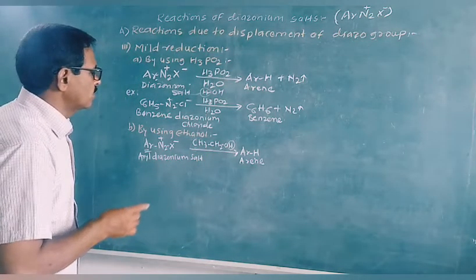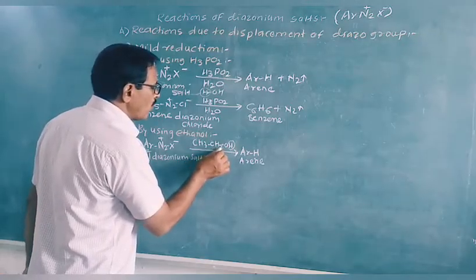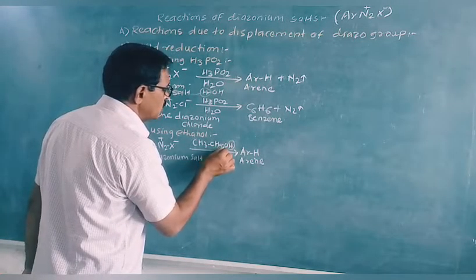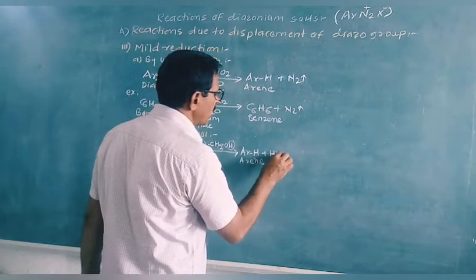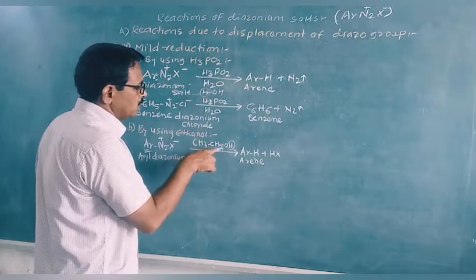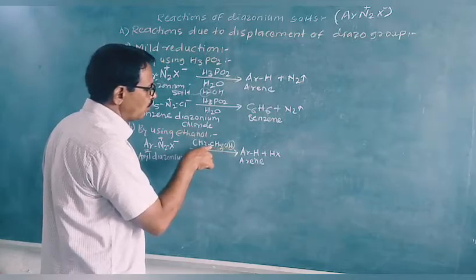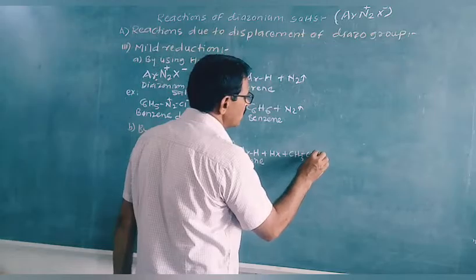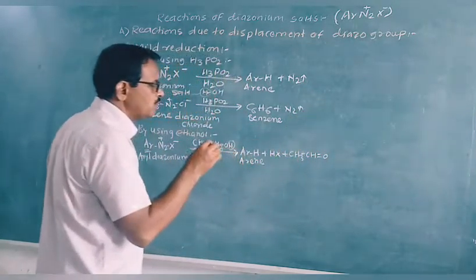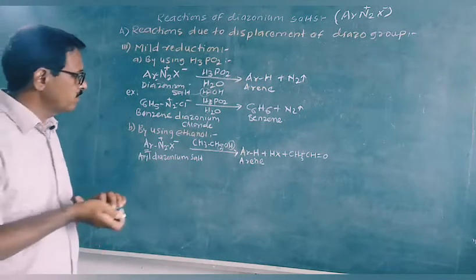Now again here, one of the hydrogen atoms from this CH2 group combines with this X, and formation of HX takes place. Now what is remaining here? These two hydrogen atoms are removed, therefore it is getting converted into aldehyde, CH3CH=O. In this way we have to write the balanced reaction here.